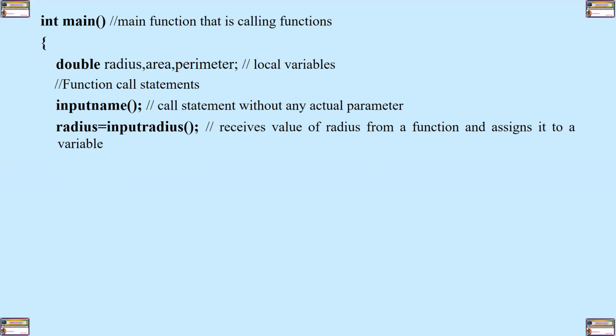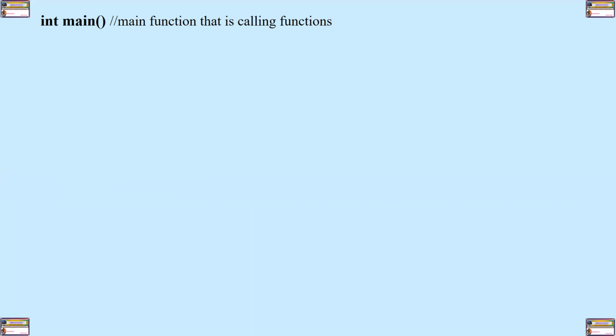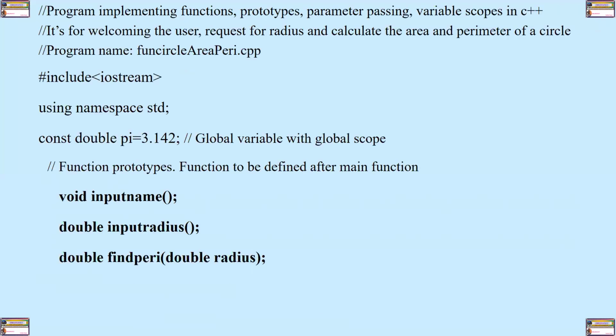So in that case, the compiler will look for the function called input radius. And note this, because of the assignment operator, it means it must be returning a value. So it will find out, do I have a prototype for a function called input radius? Is it returning a value? Yes, it's supposed to return a value of type double.